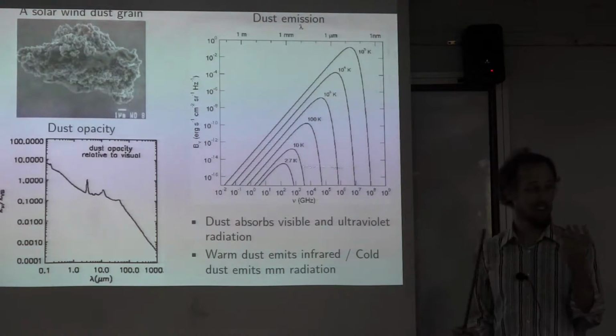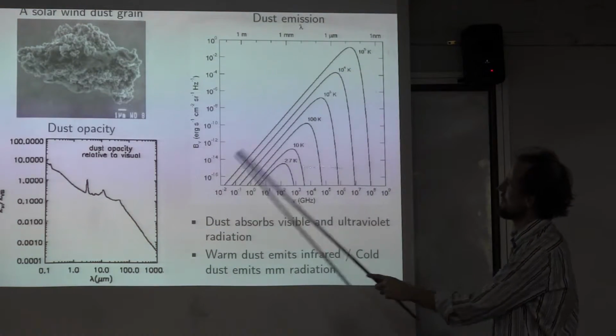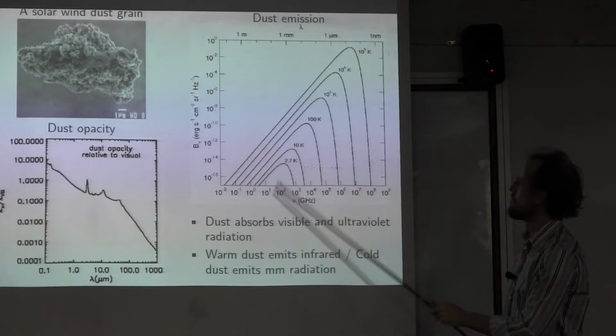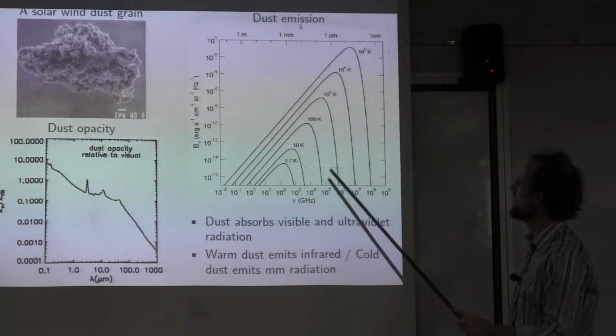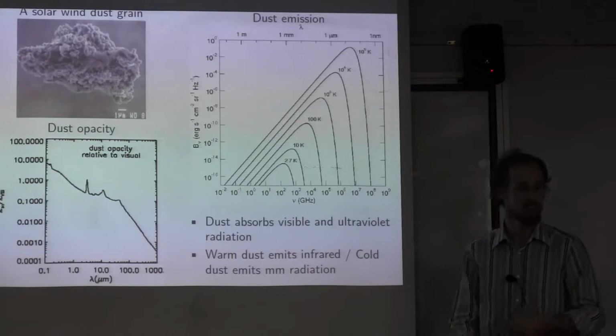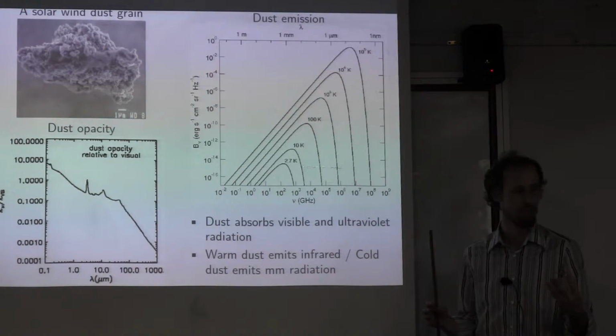So it's kind of like a very cold star, and it has the black body curve of these units. Don't ask me about the units, this is just an arbitrary unit. We're looking at the functional dependence in this case. If you have an interstellar cloud at a temperature of 100 Kelvin, it's cold dust, minus 200 degrees, but in interstellar terms, it's warm dust.